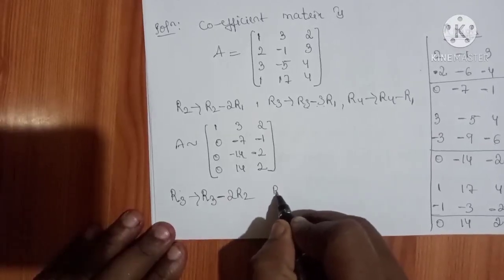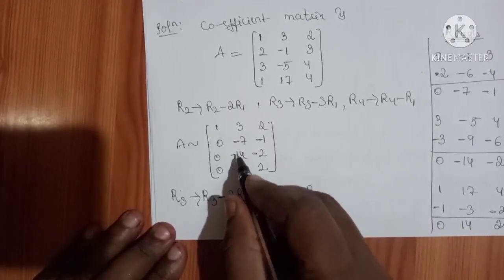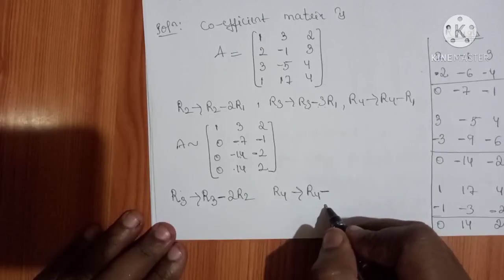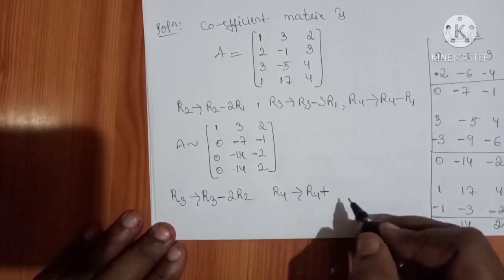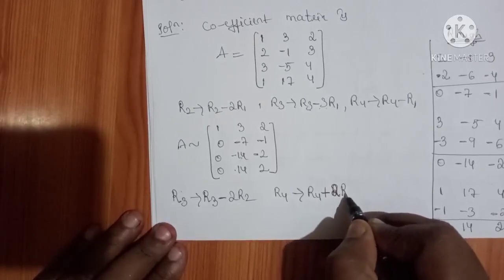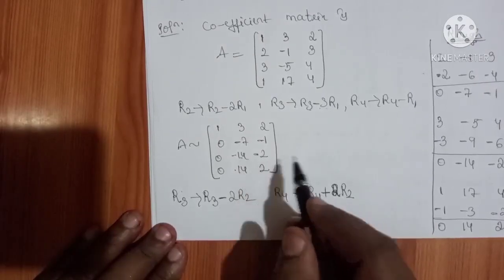For R4, because these two have opposite signs, we use R4 plus 2 into R2. On applying this, these two rows become 0.